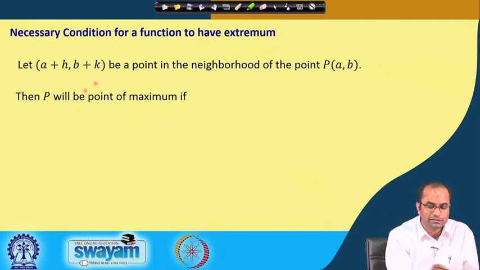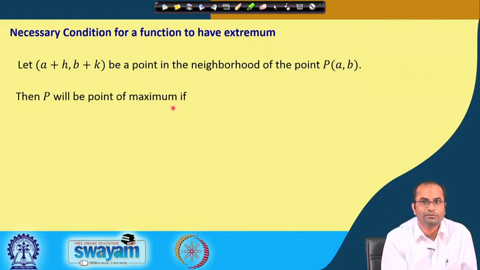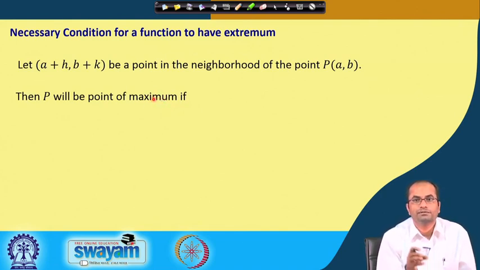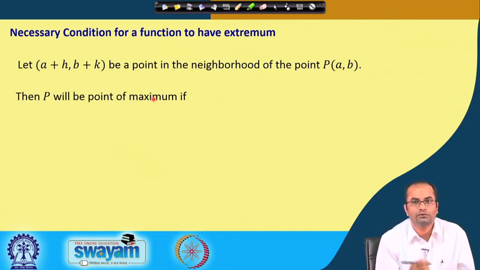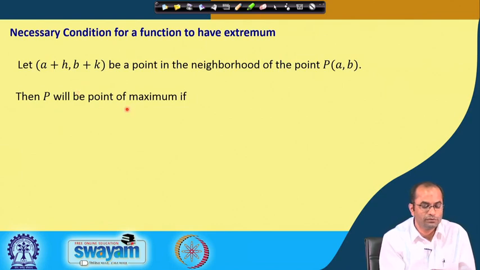Then this point P(a, b) will be a point of maximum. When will it be a point of maximum? When the values of the function in the neighborhood of this point are lower. So, the function attains lower values in the neighborhood of the point (a, b).